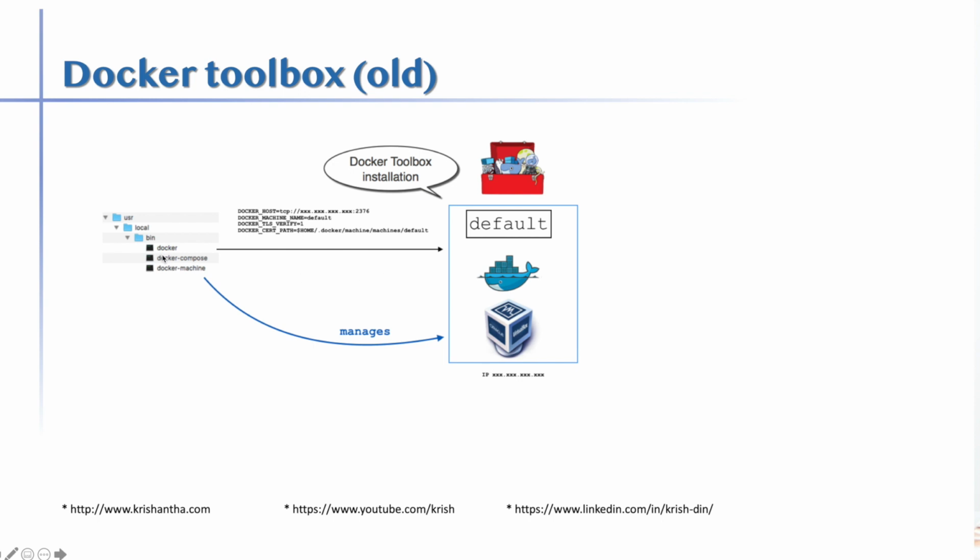When you give a command, it talks to VirtualBox, and VirtualBox is the one that really processes your Docker command. That's why, when you use this Docker Toolbox technique, sometimes it says SSH is not working, the host is not responding, and various other errors.